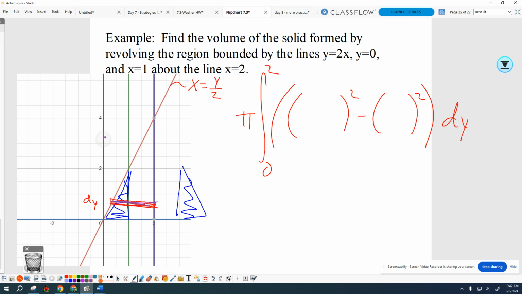This equation gives me the distance that x is from the y-axis. So what? 2 minus y over 2. Isabella's saying 2 minus that, because this distance 2 is constant the whole time. Now this bit is 2 minus that y over 2.